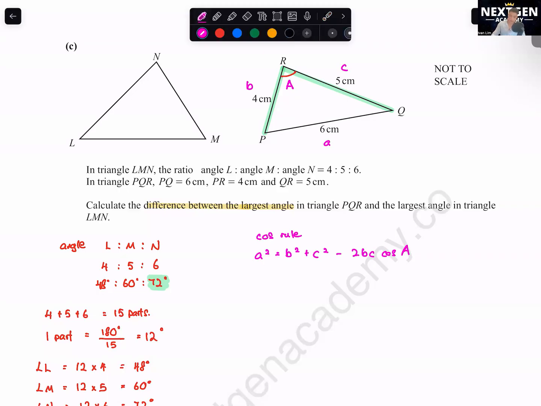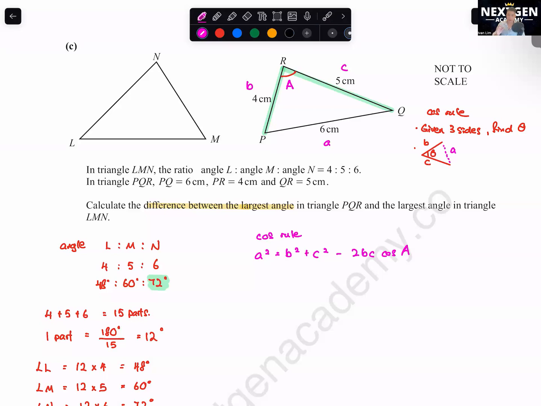For cos rule, normally there are 2 conditions. Either they give you 3 sides, then you find any of the angles, or they give you the crocodile mouth, this one A and B, this one B and C, then you want to find the A value.